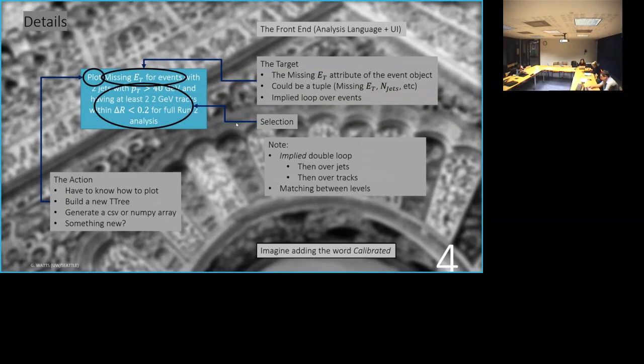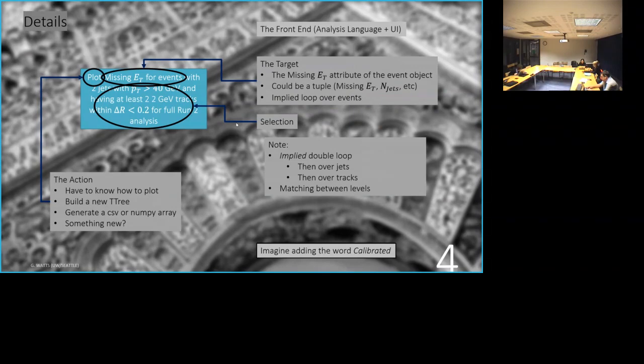So slide 4, I just wanted to quickly break down what one of these requests is for a particular plot or thing. So there's an action, which is you've got to know how to plot now, or maybe you want to build a T-tree or create a pandas data frame because you need to use the scikit-learn training tools, or a CSV, or something new that comes along in the next decade or 2.